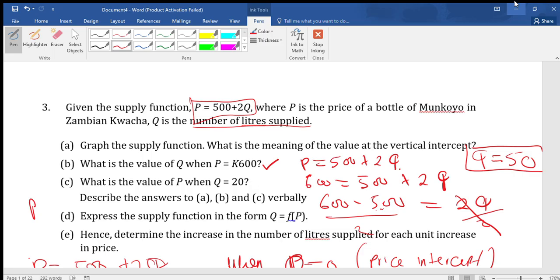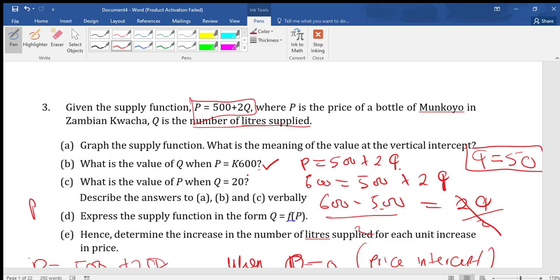That's very easy. So what does this mean verbally? This is an indication that when we have 50 liters of munkoyo, this will be sold at 600 kwacha per liter. That's what we mean, to be supplied at 600 kwacha per liter.